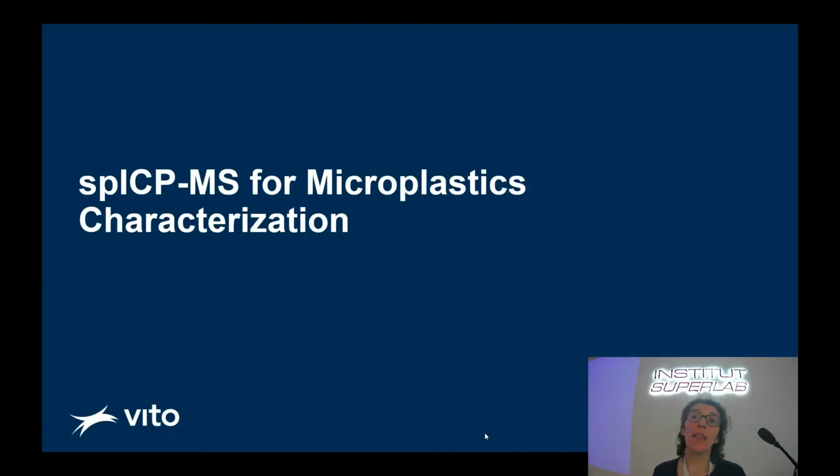There is also another technique that we used for microplastics characterization. I think when it was published, it was very interesting, and then several groups also tried to reproduce the method and use it for different purposes.